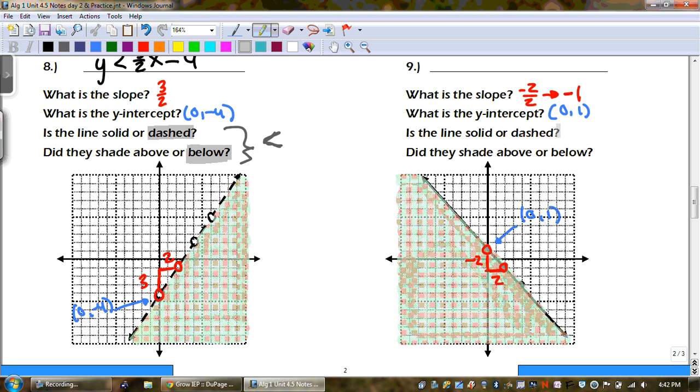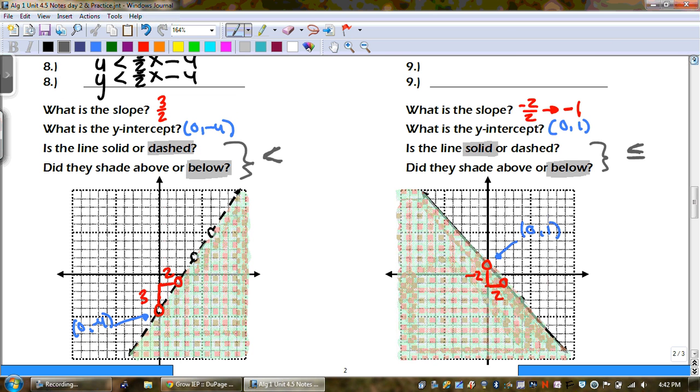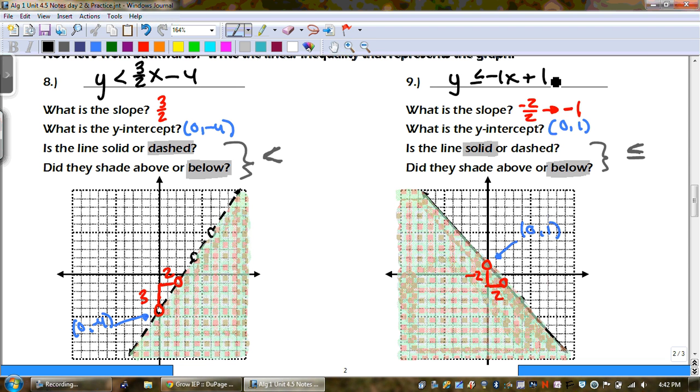So is it solid or dashed? It's solid, and then they shade above or below? Below. So if it's solid, that means there's the or equal to symbol beneath it, and it's below, so that's our symbol. So we have y is less than or equal to -1x, and our y-intercept +1.